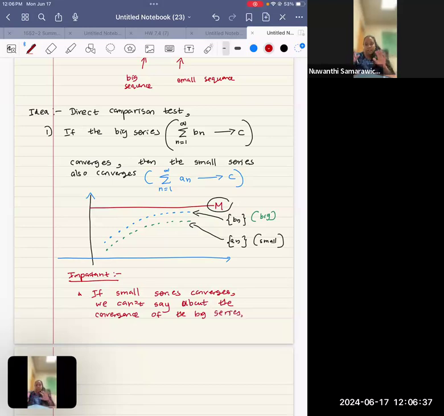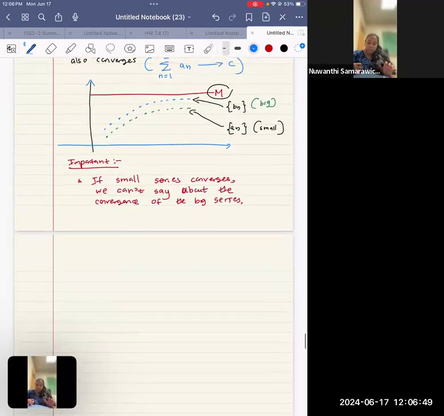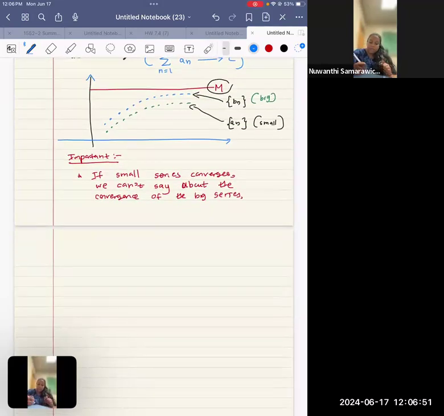The vice versa is not true. If the big series is convergent, the small series can be convergent. That's true. But the other way around, we cannot say. If a small series is convergent, we can't say anything about the convergence of the big series. It can be convergent or divergent.